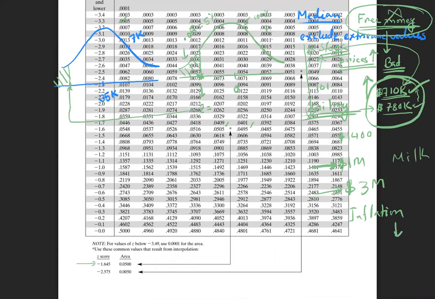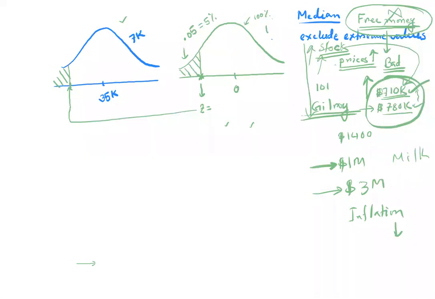So negative 1.645. Now, corresponding to this z value, there will be an x value right here. X is equal to something. Now, how do we go back and forth?